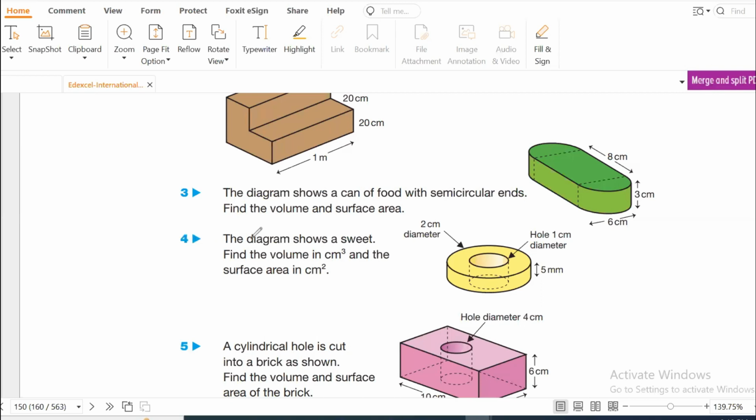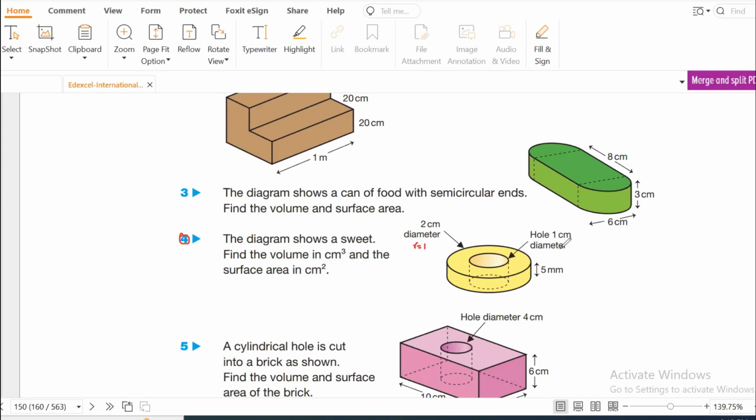Now we will try question number 4, how to find the surface area. Basically this diagram shows a sweet, and the inner part is like a hole, they cut it. We already found the volume, and now we are looking for the surface area. Remember that the radius is 1 because the diameter is 2.